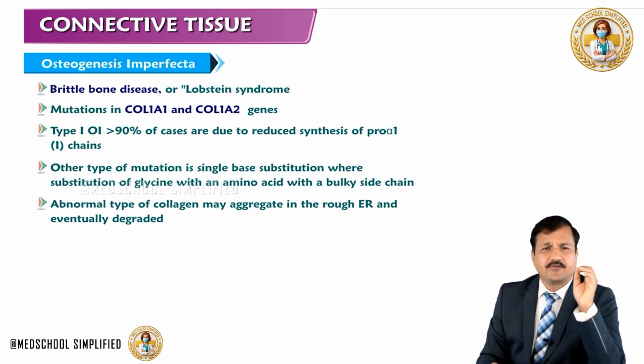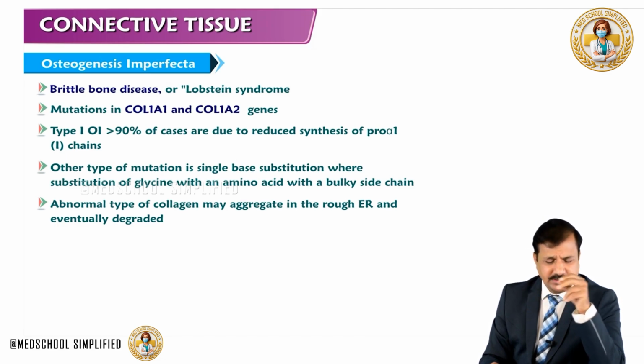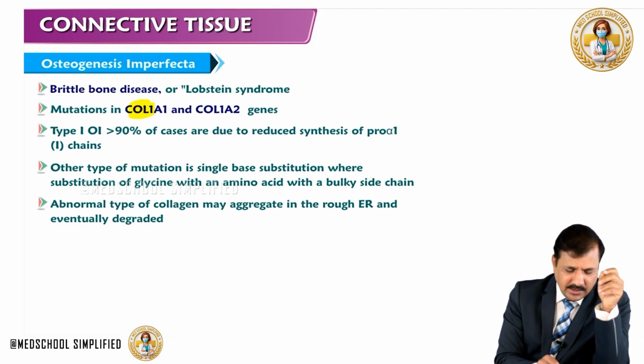So, what is the defect here in osteogenesis imperfecta? The genetic defect is a mutation in either the pro-alpha 1 chain gene or the pro-alpha 2 chain gene of the type 1 procollagen molecule, which is COL1A1 or COL1A2.